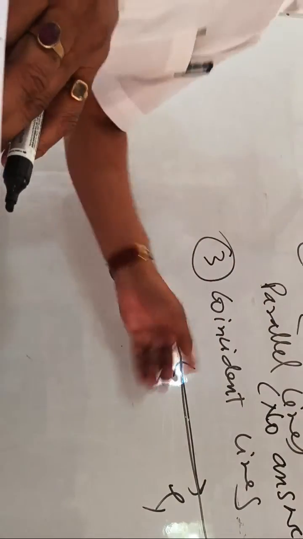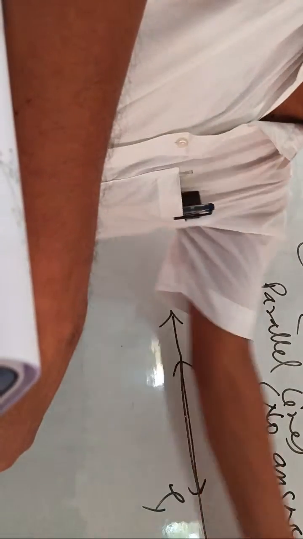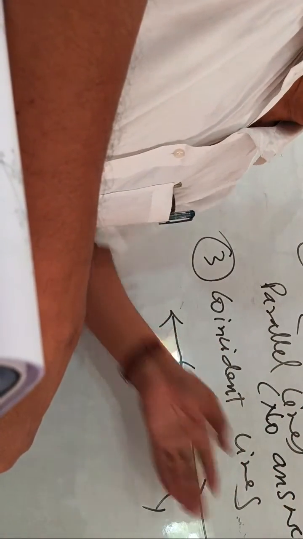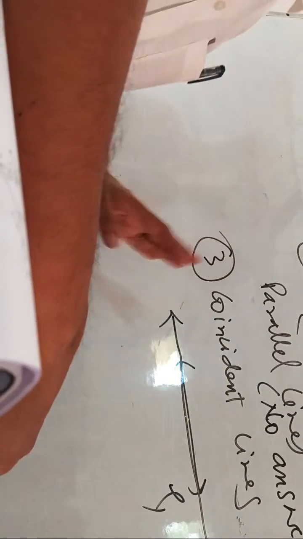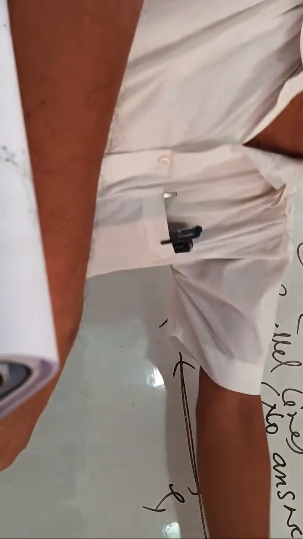So in this case, a1 by a2 is equal to b1 by b2 is equal to c1 by c2. So there are many answers possible in this. If we double the numerator, then the denominator also is doubled. So you can get many answers in the third case, and the format of the equation will be like this.